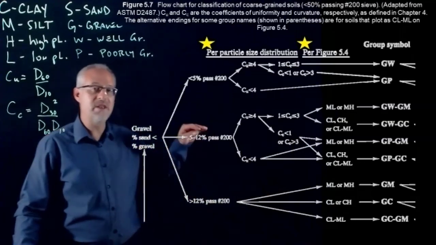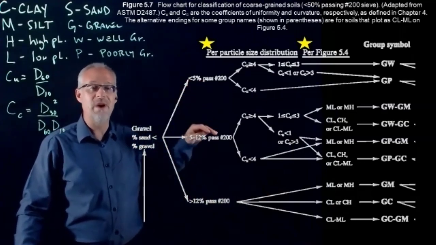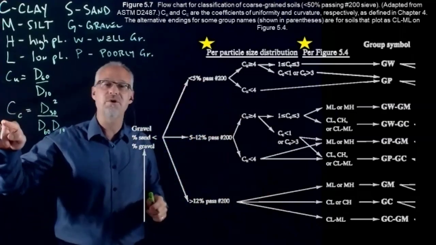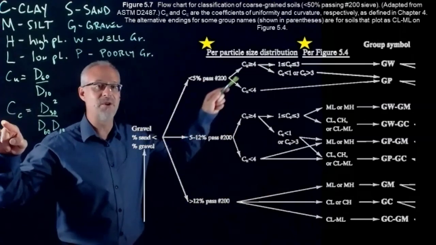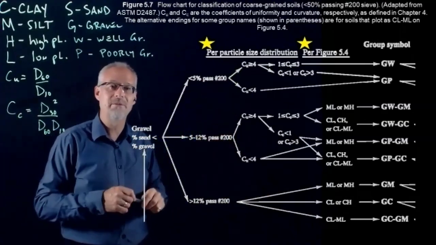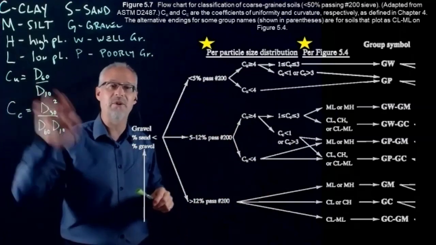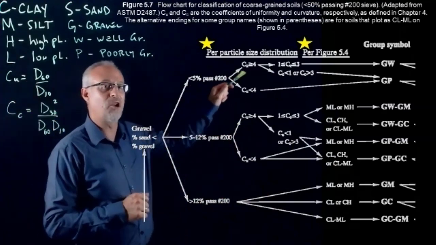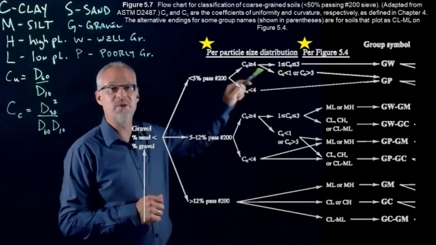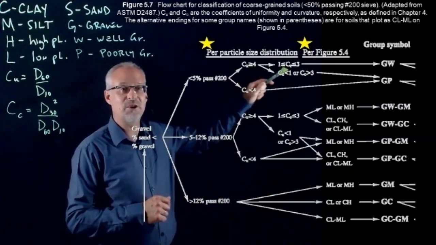For these two divisions, we actually have to calculate the coefficient of uniformity and the coefficient of curvature, because that's our next dividing line in the flowchart. You have to be able to calculate those numbers to follow along. Here there's even a second check: we have to do the coefficient of uniformity, and then the coefficient of curvature.